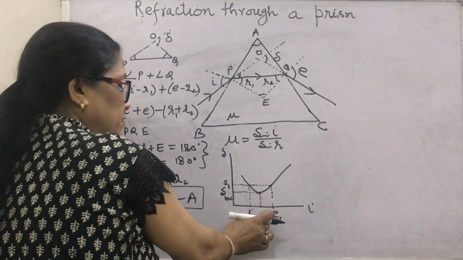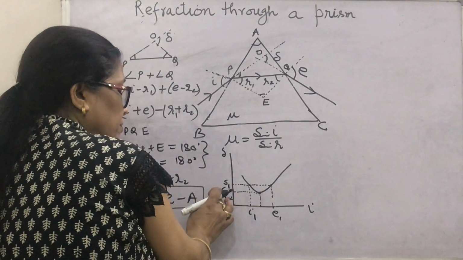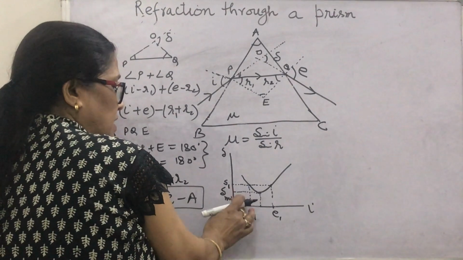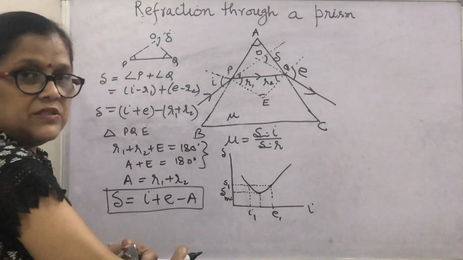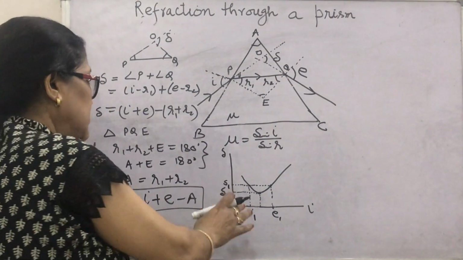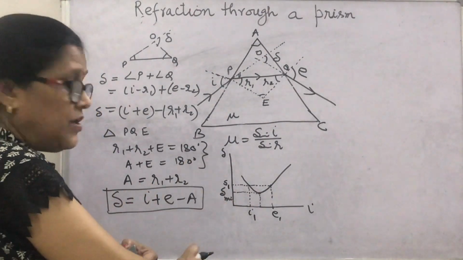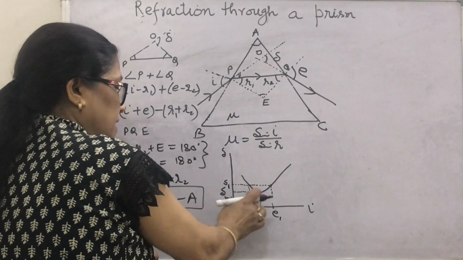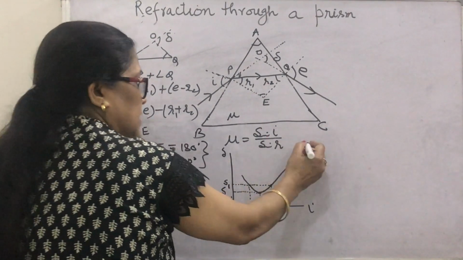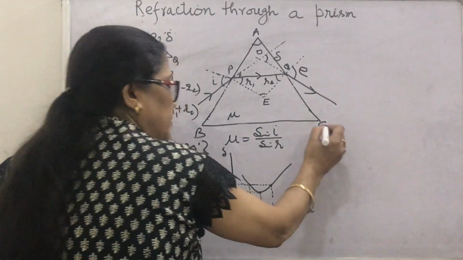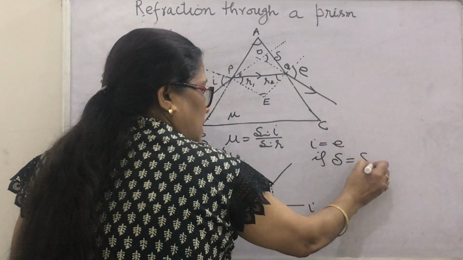So you will find that other than the angle of minimum deviation, there are two angles of incidence corresponding to a deviation. How to find the angle of minimum deviation value? By using the fact that practically it has been observed that I is equal to E if delta is delta minimum.